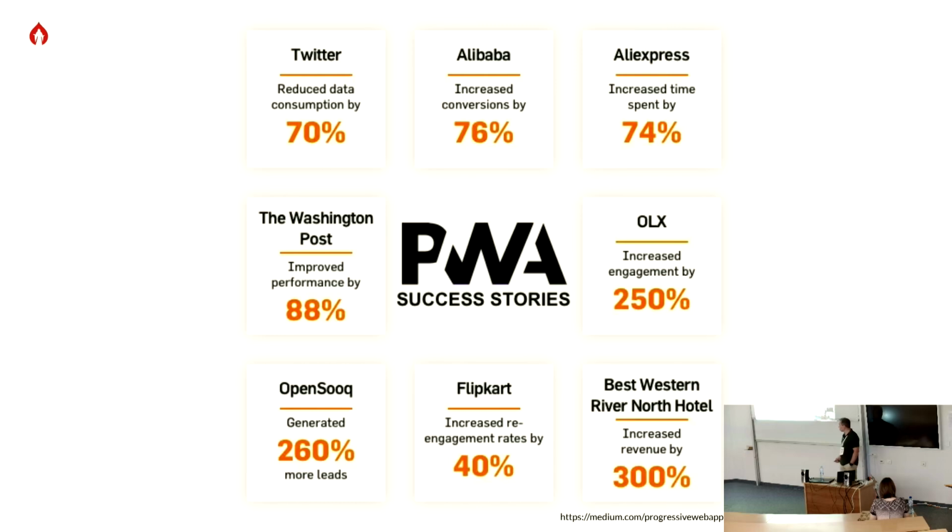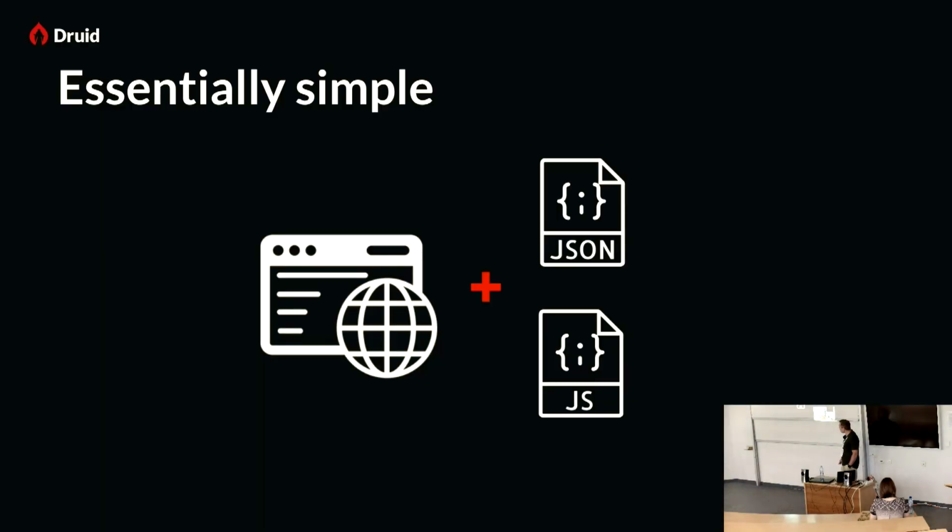You can see lots of performance improvements, and engagement rates and revenue up by 300%. That's a lot. So there's a lot that you can achieve with this, and you don't need to do a major investment to start. It's really simple. You have the good old website, and then you have two files. You have a JSON manifest file that explains to the browser what this is.